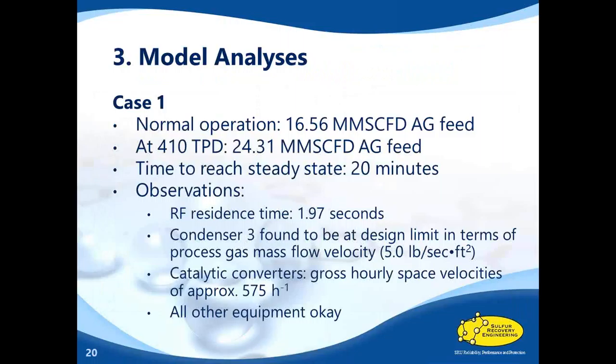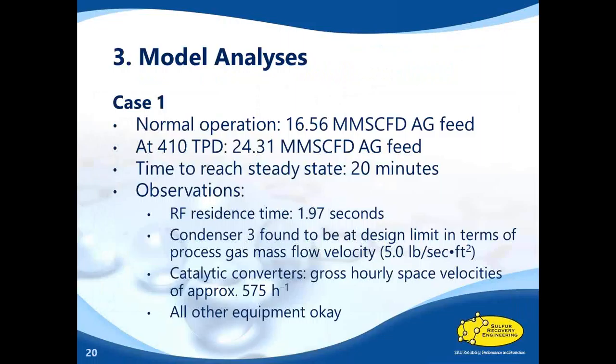Some other observations: the reaction furnace residence time was 1.97 seconds, well above the industry standard or minimum required for complete combustion of all catalyst contaminants. Another point for case 1: condenser 3 was found to be at its design limit. We defined the design limit of a condenser in terms of process gas mass flow velocity as 5 pounds per second per square foot.